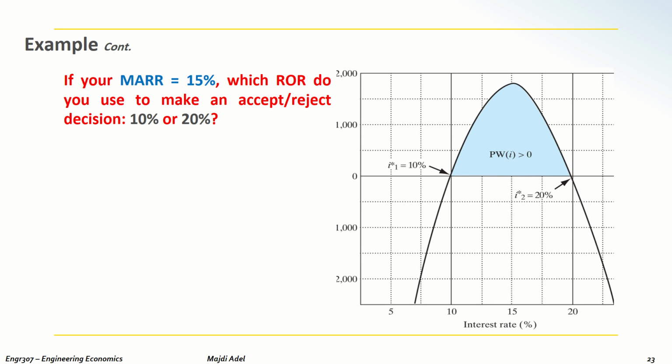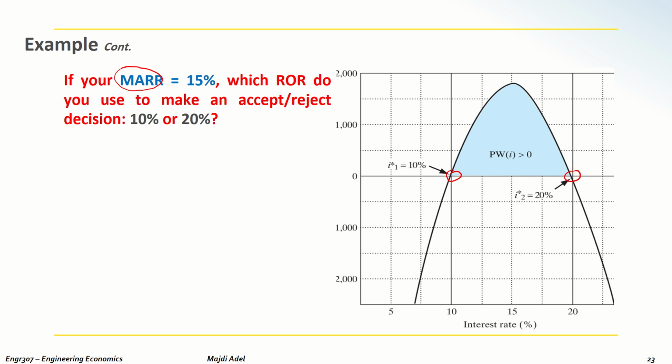And as you can see, this is the first one that makes the project present worth equal to 0, and this is the 20%, and it also makes the present worth equal to 0. Now the question is, if I'm going to make a decision based on the internal rate of return, we compare the internal rate of return to the minimum attractive rate of return.